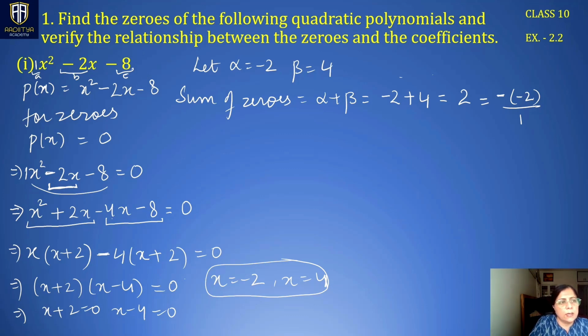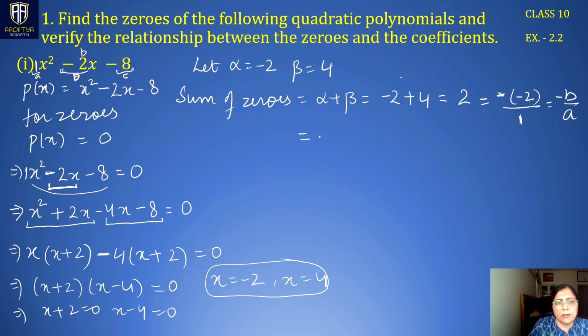What is the value of b? B is minus 2. So minus of minus 2 over 1. 1 is the coefficient of x square, which is a. So I can say that it can be written as minus b by a. This is minus sign. Negative 2 is equal to b and a is equal to 1.